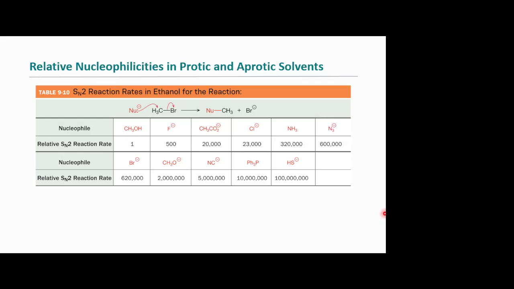So you can actually make this kind of really crazy modulation, where if you're really careful about it, you can cause different nucleophiles that you may have competing in reactions to have different reaction rates by adding a bit of protic solvent.